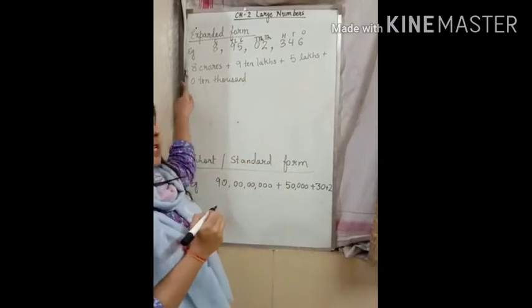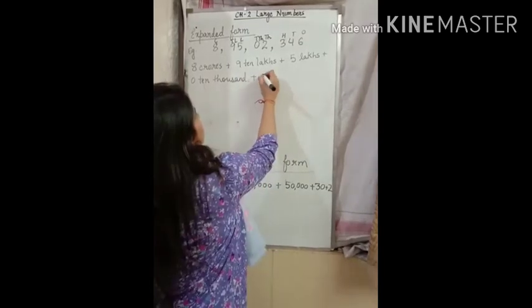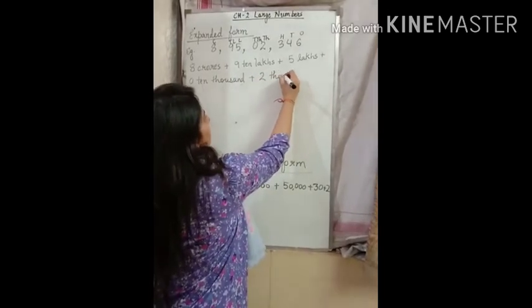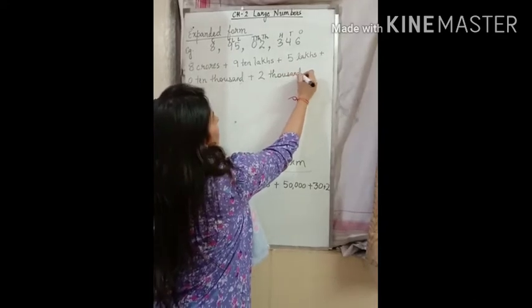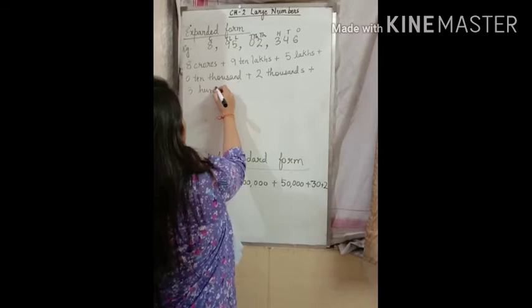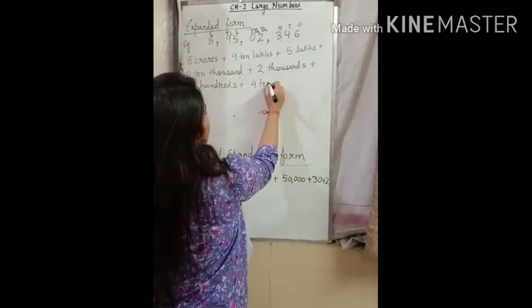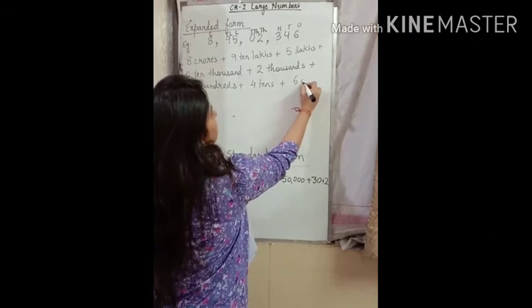Since this digit is 0, we will not write the S after it. Plus 2000s plus 300s plus 4 tens plus 6 ones.